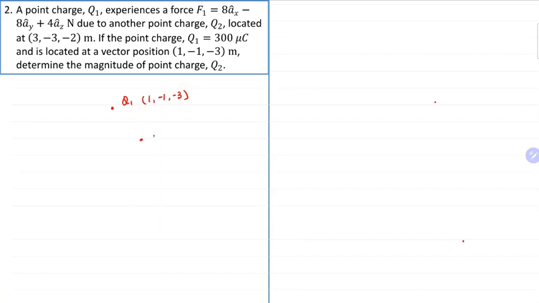Then we have our Q2 at (3, -3, -2). Again, reference to our origin, 0. So we call this R1, R2.